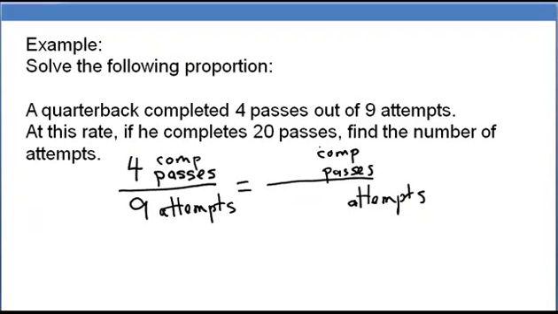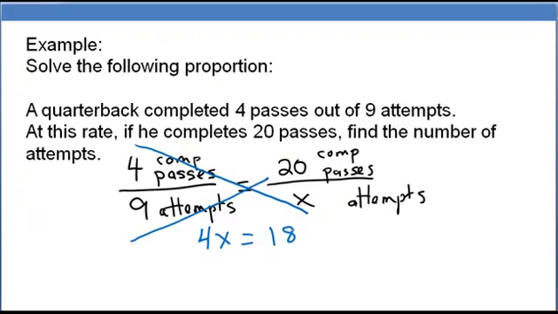If he completes 20 passes, find the number of attempts. So the attempts are unknown. And now we're ready to make our equation. So we'll go on the diagonals. 4 times x. And the other diagonal, 9 times 20, will give us 180. And divide out the coefficient.